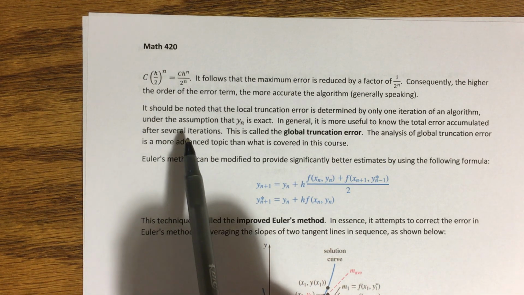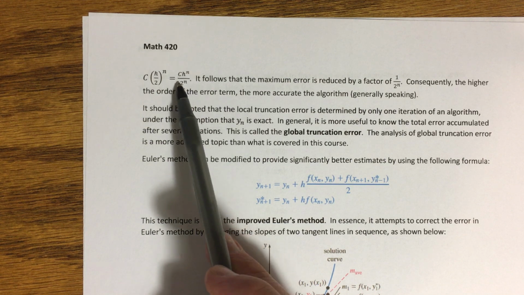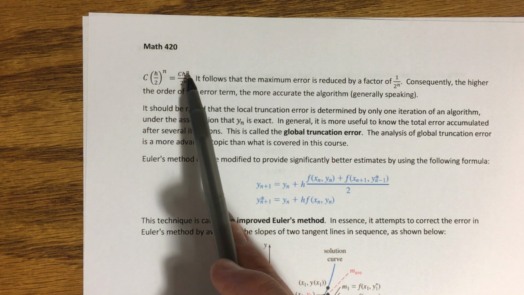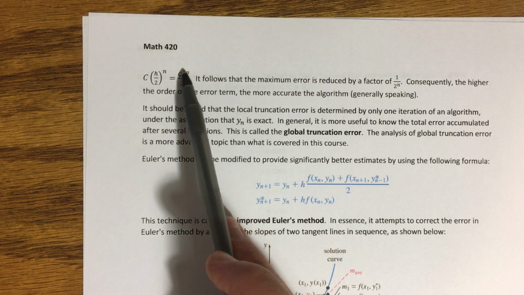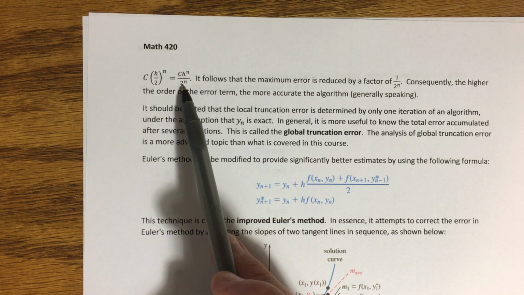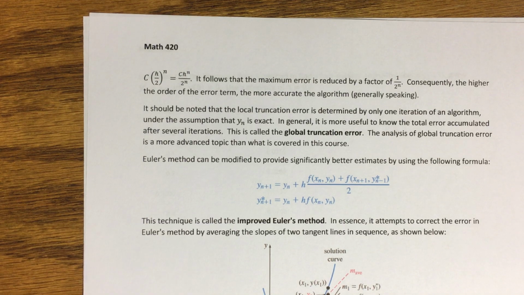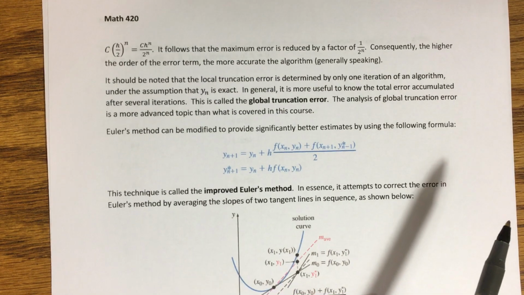Remember, that's how we defined that big O notation. Distributing that n in, I get C h to the n over 2 to the n. C h to the n is the upper bound for my error when I use h as my step size. When I shrink the size of h down by a factor of 1/2, then that takes the maximum possible error and divides it by 2 to the n. And if n is large, that's a significant improvement in our error. Okay, so that's more reasoning for why we want n to be large if possible.